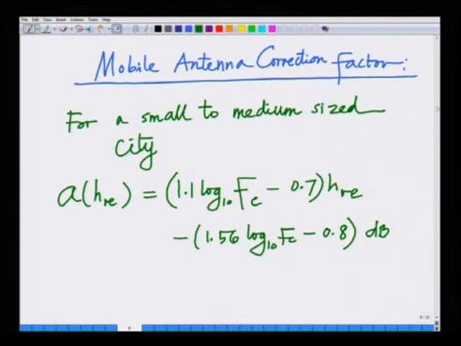That is, this is the expression for the mobile antenna correction factor for a small to medium sized city: 1.1 log 10 FC minus 0.7 whole into HRE minus 1.56 log 10 FC minus 0.8 dB.